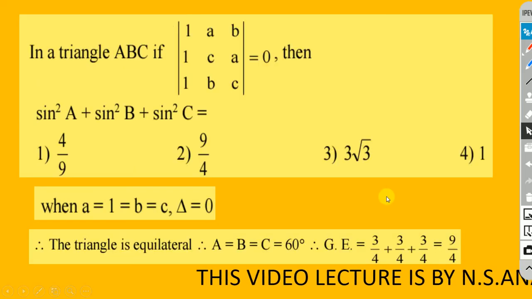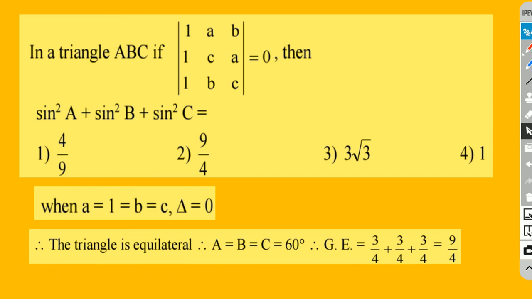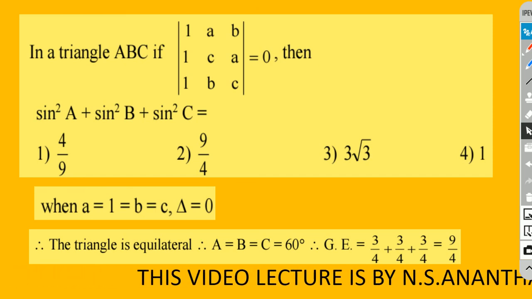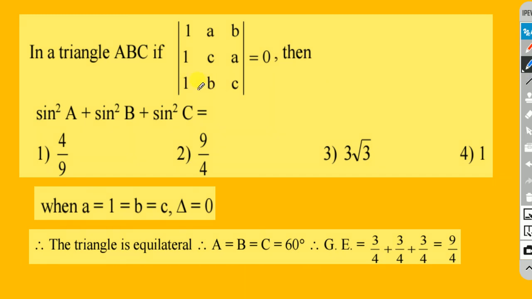In a triangle ABC, a different problem, let us see how we can solve this question easily using the shortcut, that is, by the method of substitution. In a triangle ABC, if this determinant 1 A B, 1 C A, 1 B C is equal to 0, I have to consider a, b, c as the sides of the triangle.